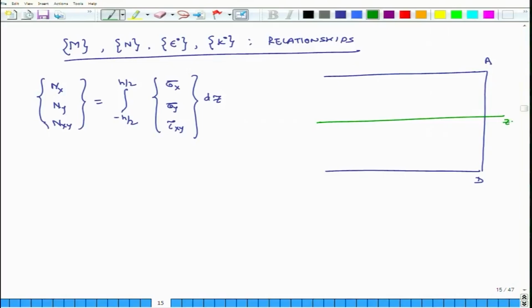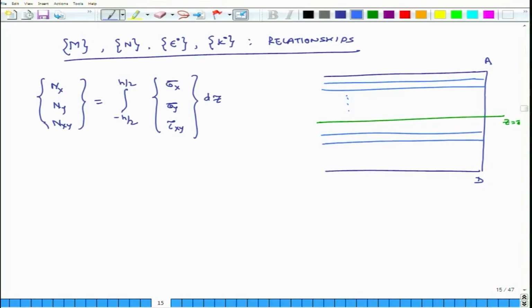This is z equals 0, and let us say it has n different layers: layer 1, layer 2, and so on, this is the kth layer and this is the nth layer.